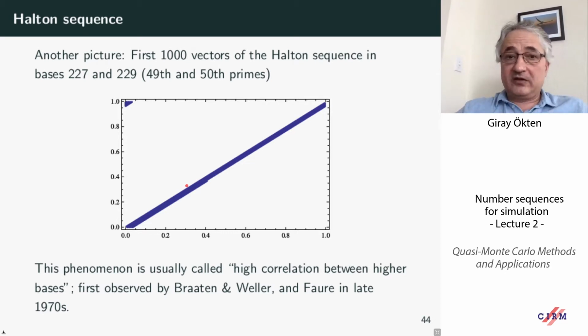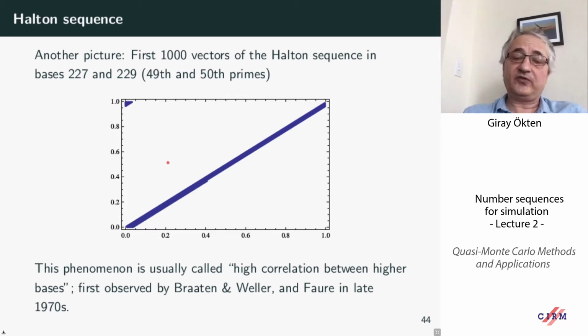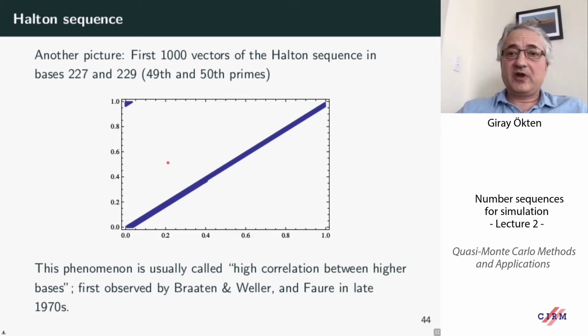Now, does this mean the sequence in these bases is not dense in the unit cube? No, it doesn't mean that. In the limit, as n goes to infinity, it is going to eventually start filling all parts of the unit cube, but it's not doing it in a very efficient way.